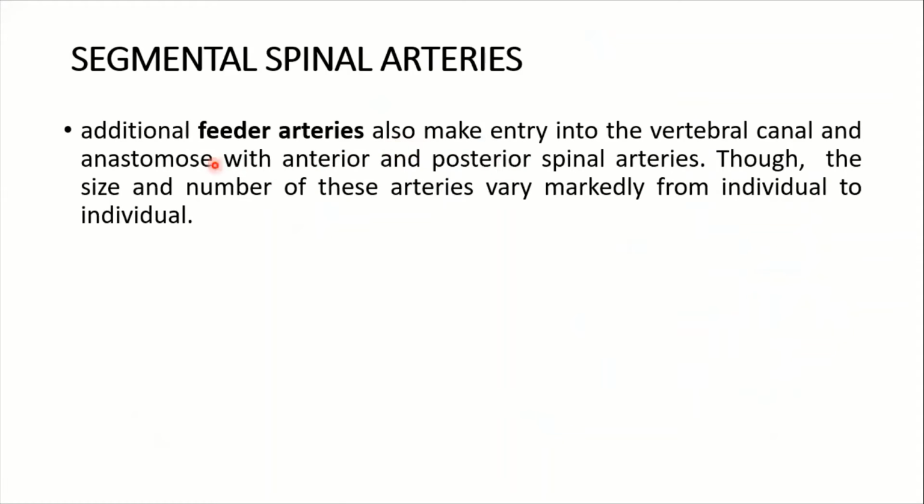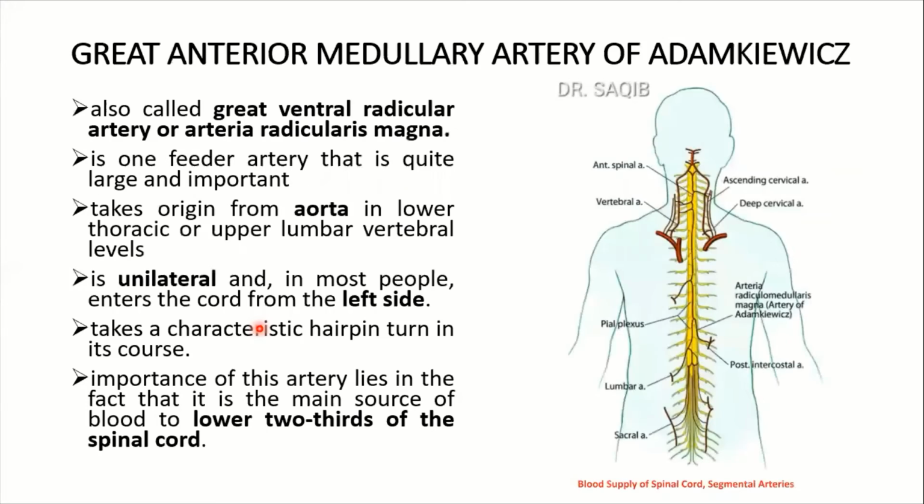Additional feeder arteries, the word is feeder arteries, also make entry into the vertebral canal and anastomose with the anterior and posterior spinal arteries, though the size and number of these arteries vary markedly from individual to individual.